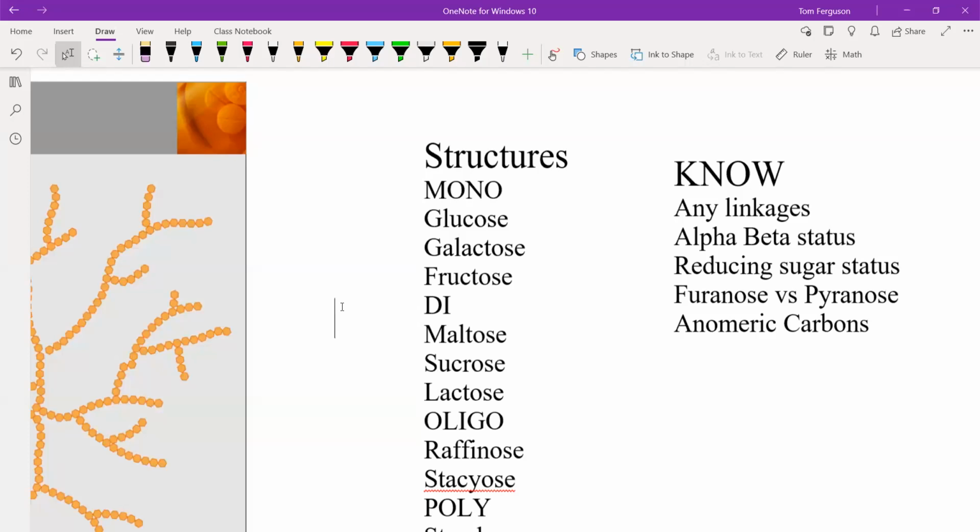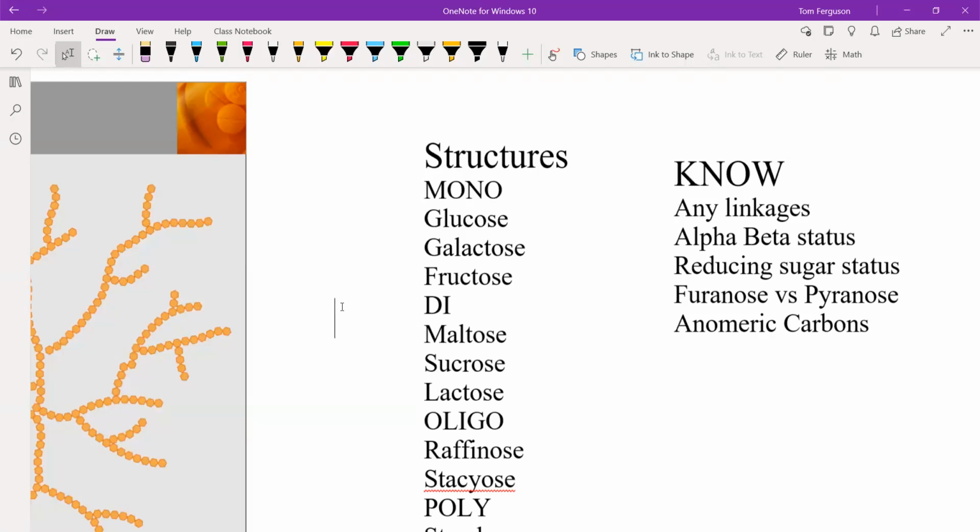And you know, once you know glucose, glucose is so ubiquitous. I mean, it's just all over the place. That helps a lot. Then you just need to know how they're connected up. And galactose and fructose, not so much fructose.